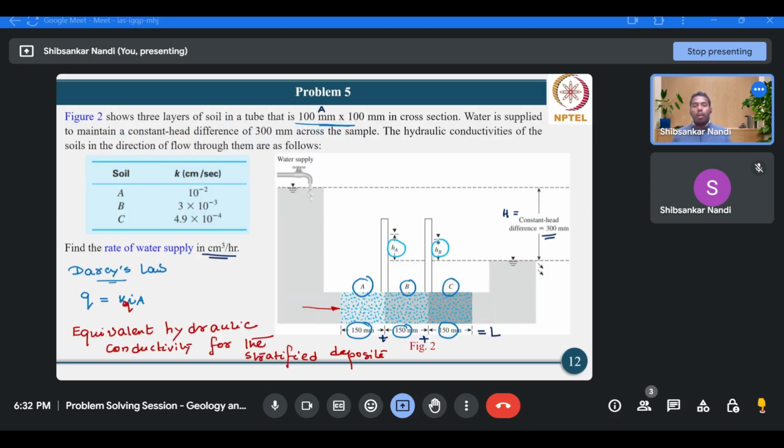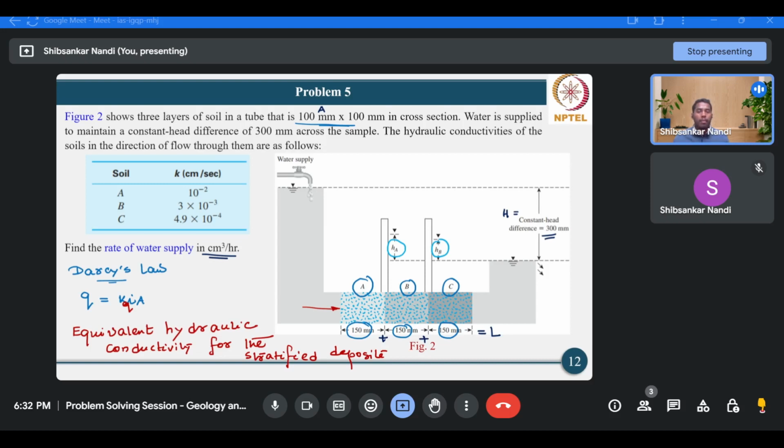Okay, so we'll recollect all the steps which we have followed for this problem, problem 5. So first of all, we applied the concept of equivalent hydraulic conductivity for a stratified deposit. Now, why it's a stratified deposit? Because all the three samples are not having the same hydraulic conductivity value.